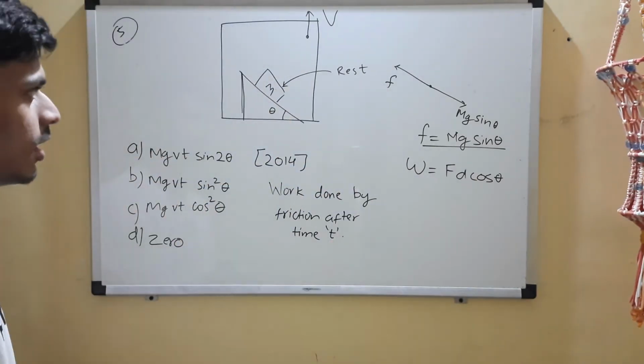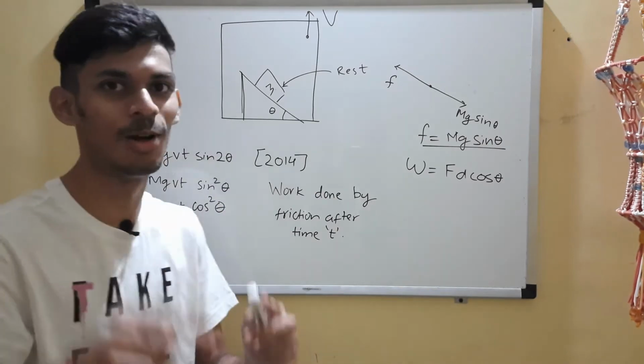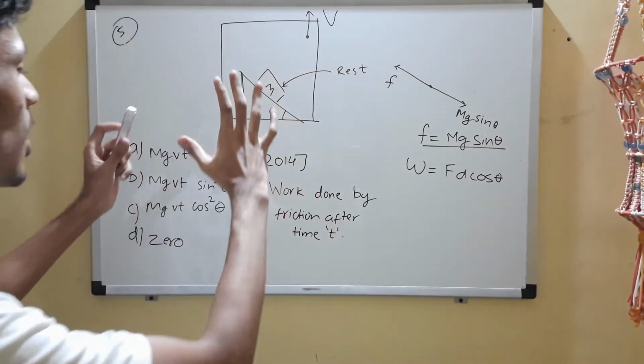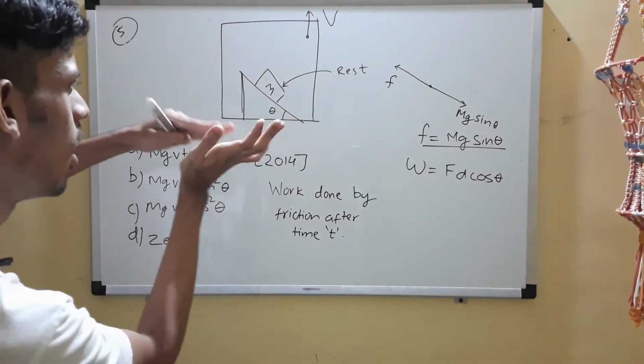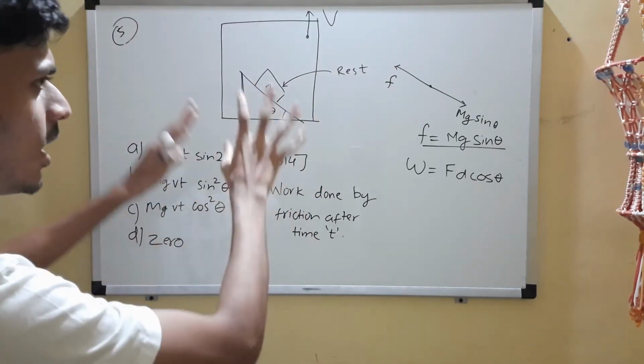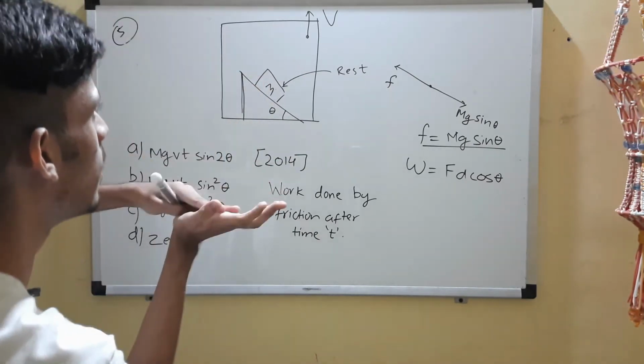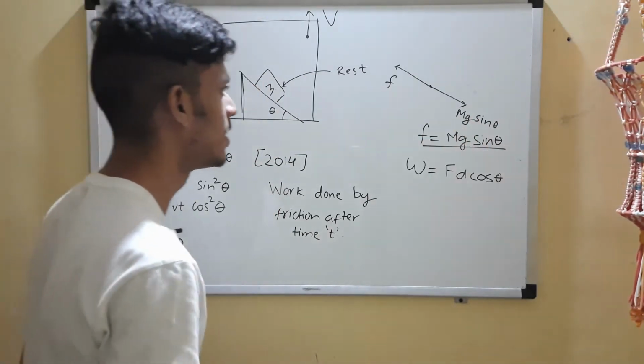Now let's go for the displacement. But the block is at rest, sir. Relative to the incline, the block is at rest. But if you see it from the ground, the lift is moving, so the block along with the incline will go up. The lift has some velocity, and if you watch it from the ground, the block along with the incline is going up, so there is some displacement.